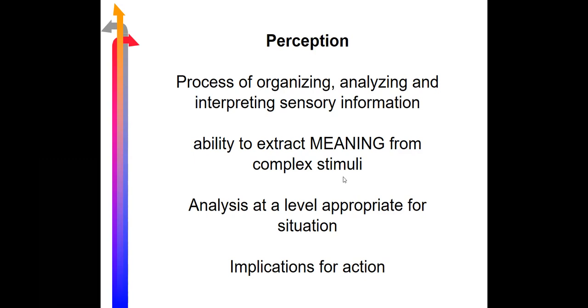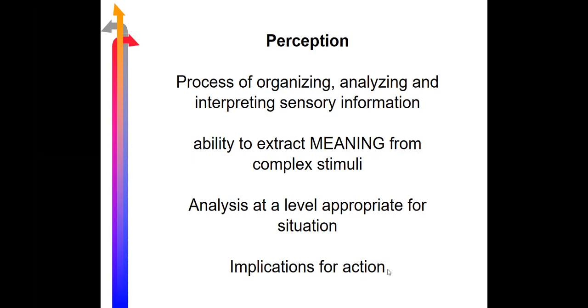So for example, we might have all of these light particles that are being picked up by our visual system. So what does that pattern of light particles represent? What object is it? And then going from there, just what does that object mean to us? And also looking at it in terms of what does that imply for our actions?